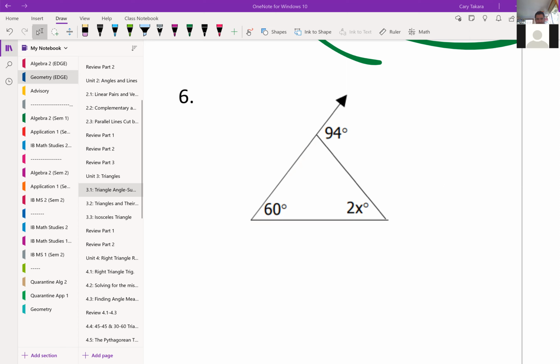So I would like you to set up an equation and solve for x. Remember, 2 inside is equal to the 1 outside, far apart. Isn't that what we have right there? 2 inside equals the outside.